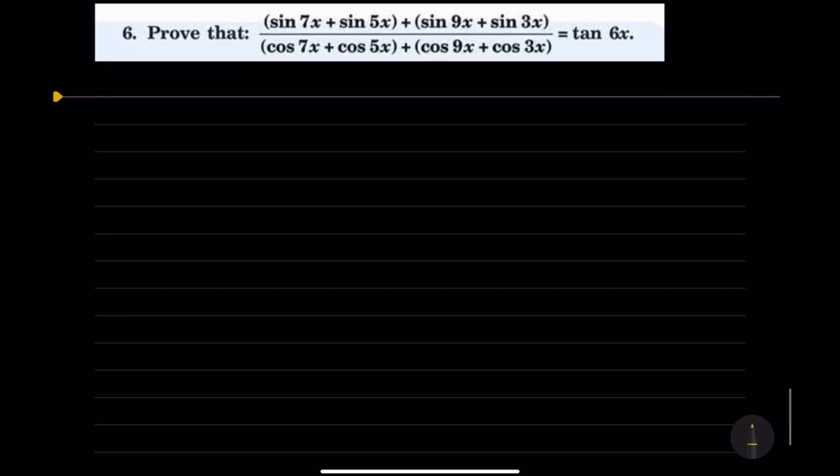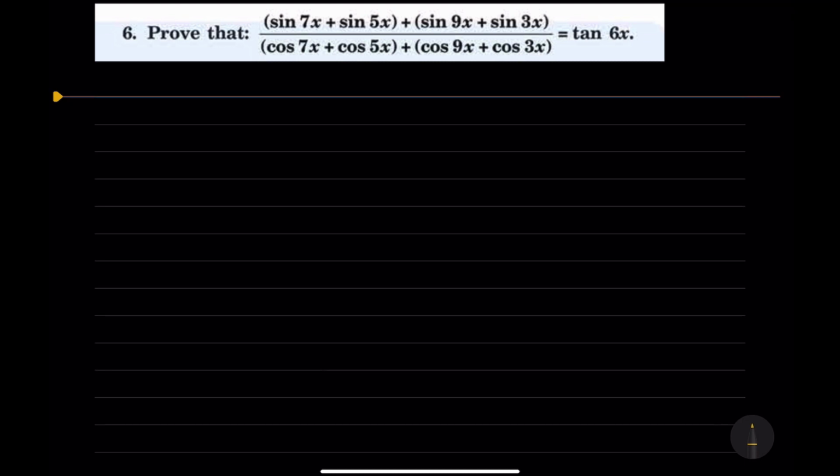So here sixth problem is prove that sin 7x plus sin 5x plus sin 9x plus sin 3x divided by cos 7x plus cos 5x plus cos 9x plus cos 3x is equal to tan 6x. Now this is taken in the correct order itself, because here you can take this as sin 7 plus 5, 7 plus 5 is 12 and 9 plus 3 is also 12, and denominator also you have the same.